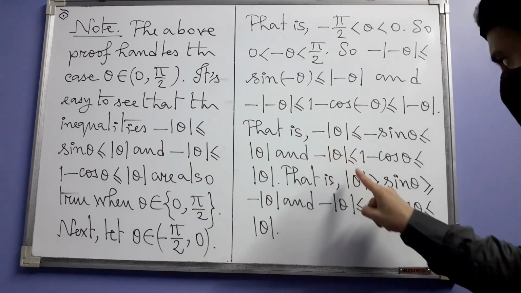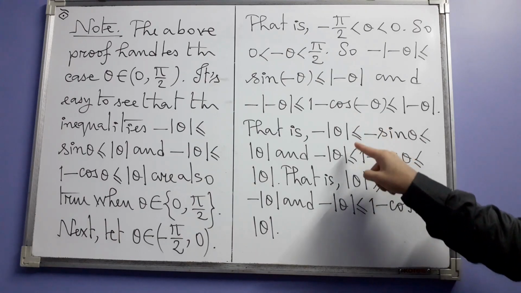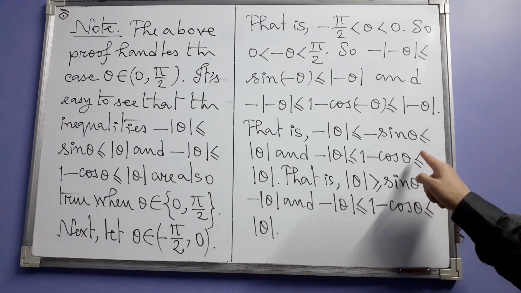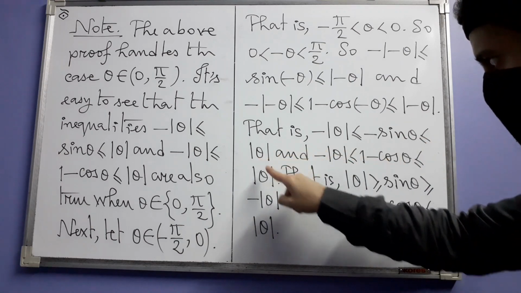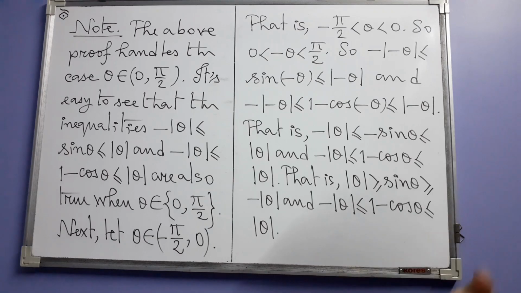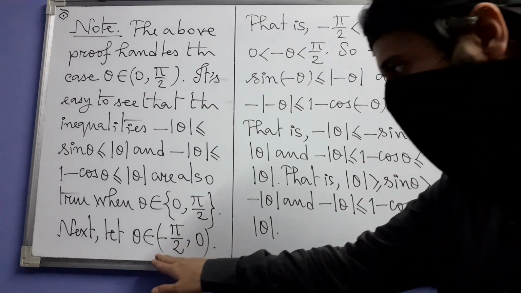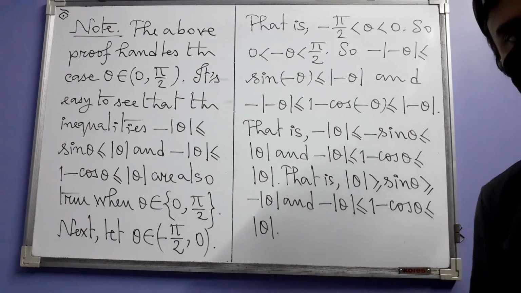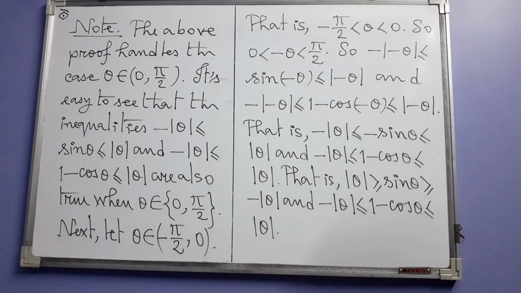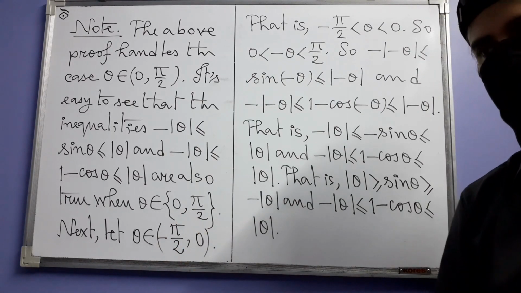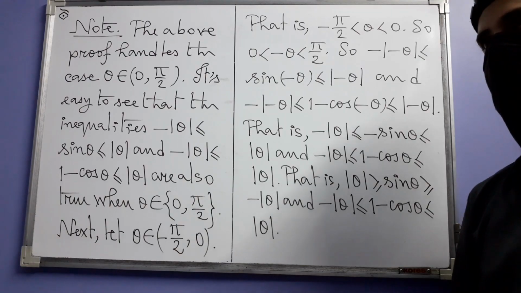So this becomes plus mod theta, greater than or equal to minus of minus sine theta, which is sine theta, which is greater than or equal to minus mod theta. So you ultimately get back the same inequalities. So even for negative thetas like this, we have our inequalities intact. If you want, you can include minus pi over 2 also, but that won't be necessary.